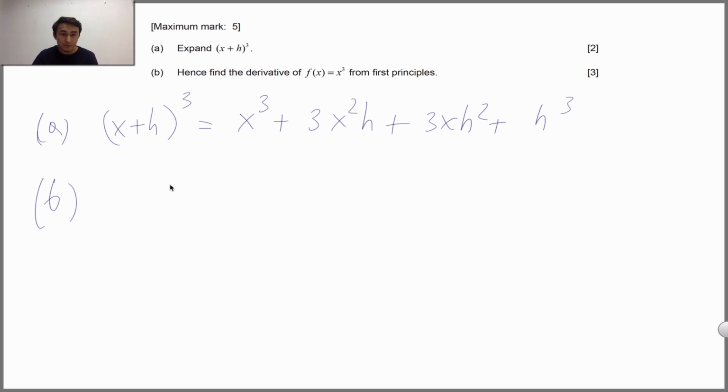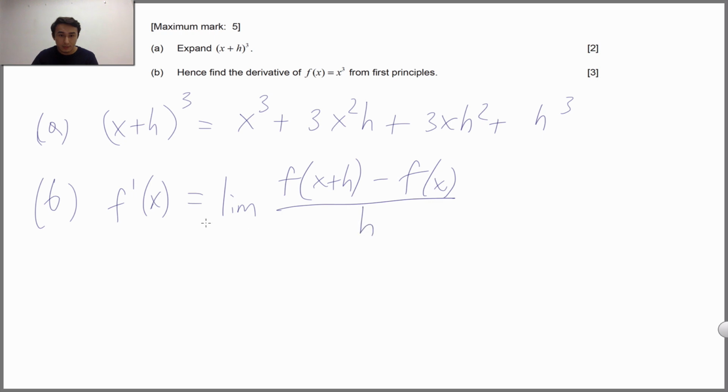Now, the derivative of f(x) from first principles is basically this: limit of f(x plus h) minus f(x), divided by h, where h goes to 0. So h is a very small number. This is the first principles definition of the derivative.